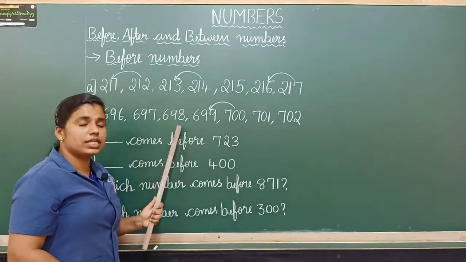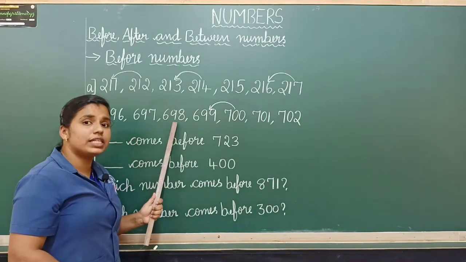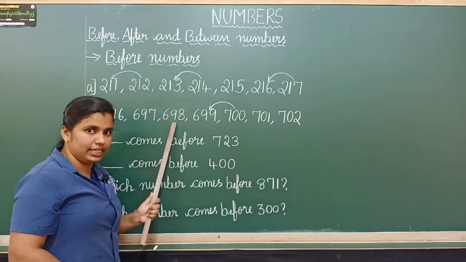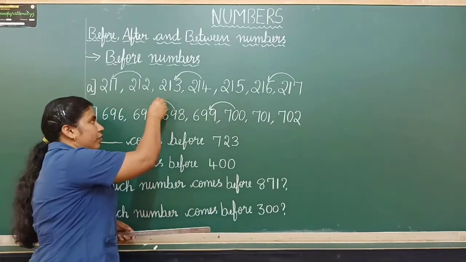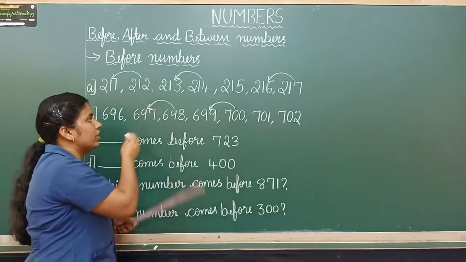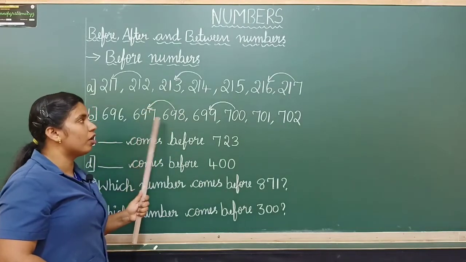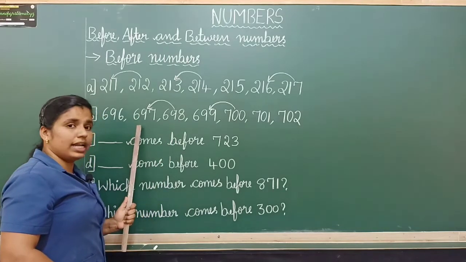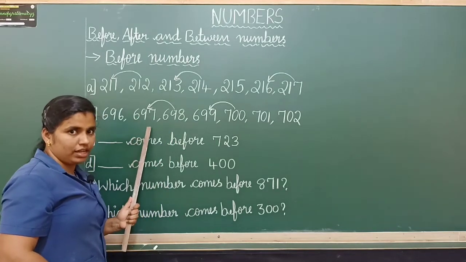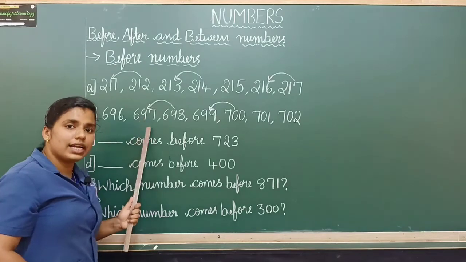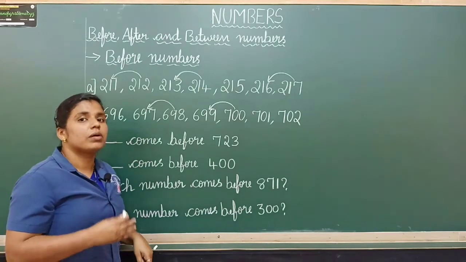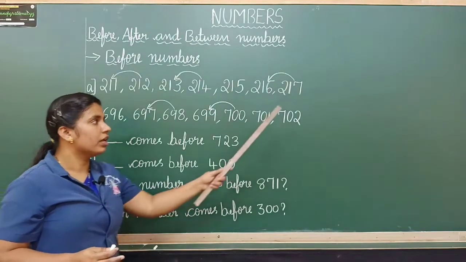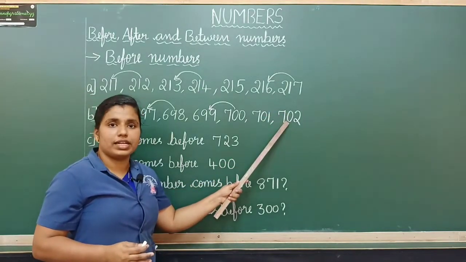What about 698? Which number do we get before 698? Again, if you start counting backward, the previous number of 698 is 697. Therefore, 697 comes before 698. What about 702?